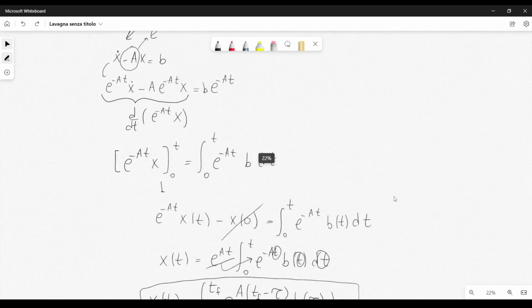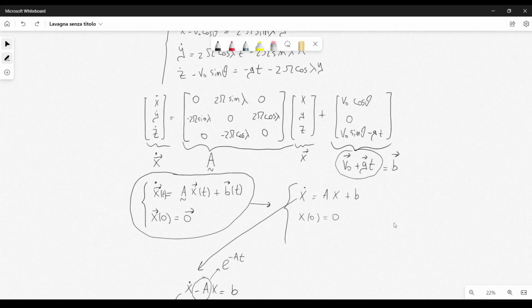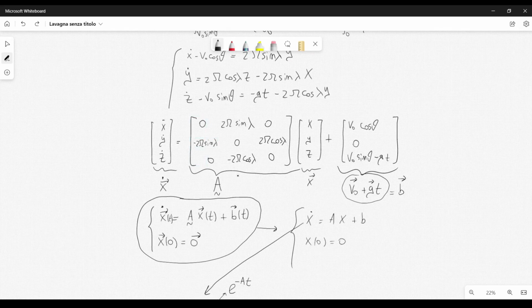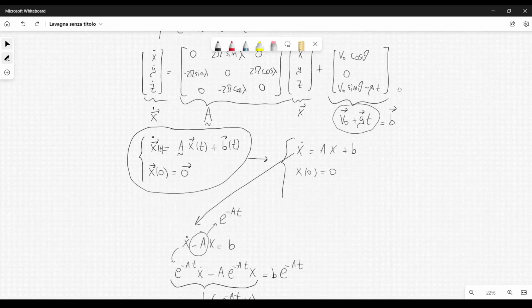So if you recall, the matrix A here was this one. And you can see that this matrix contains factors of 2 omega. And we can factor out 2 omega from the matrix. So we can rewrite the matrix A like this.